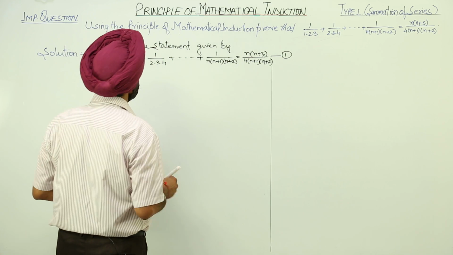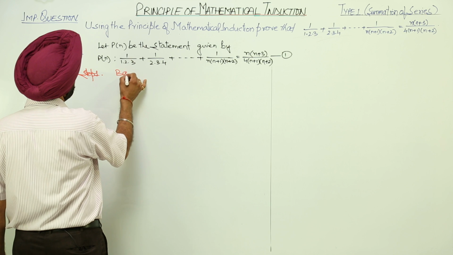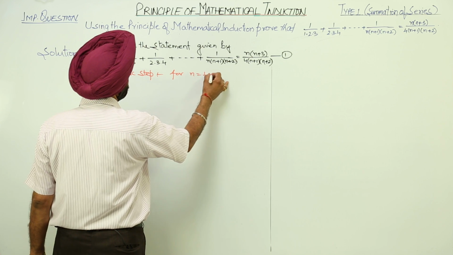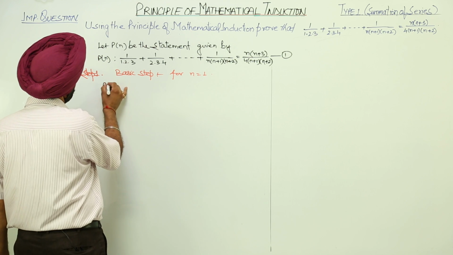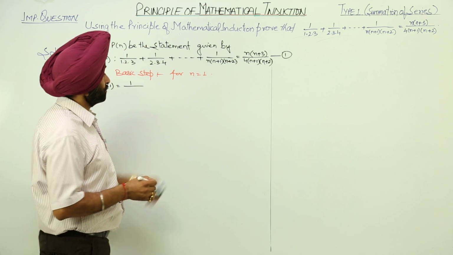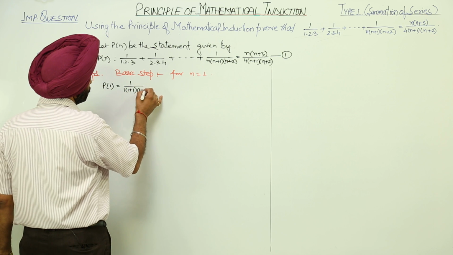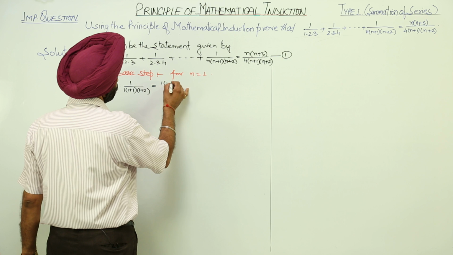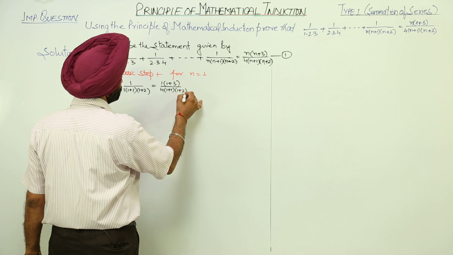Now, step number 1. Step 1, basic step. For n is equal to 1, P1 is equal to 1 upon, now again I am telling you I am putting n is equal to 1 on this term, 1 upon 1 times 1 plus 1 times 1 plus 2 is equal to 1 times 1 plus 3 upon 4 times 1 plus 1 times 1 plus 2.